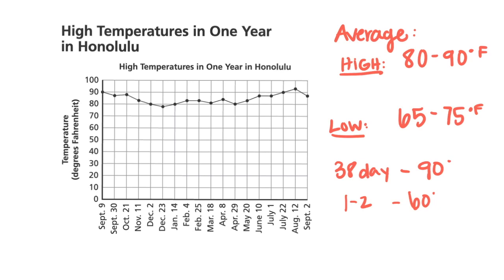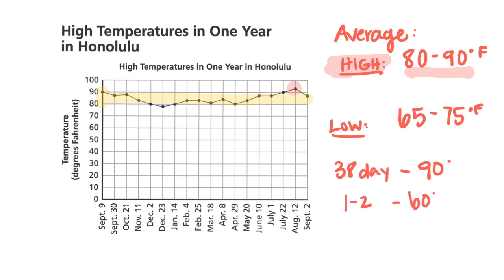Okay, it says that usually, on average, we have a high temperature of 80 to 90 degrees. So let's see that. On average, the high temperatures are 80 to 90. So it would be everything in this box right here. And that's the high temperatures. Okay, we see that once we go to 90 right here, this is actually a little bit above that, okay?